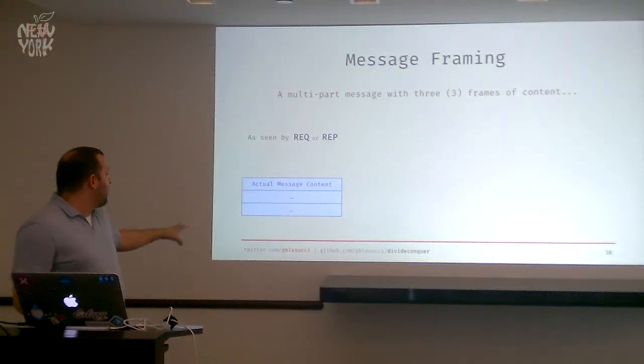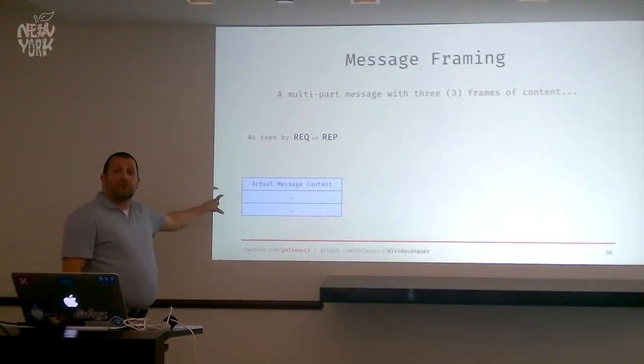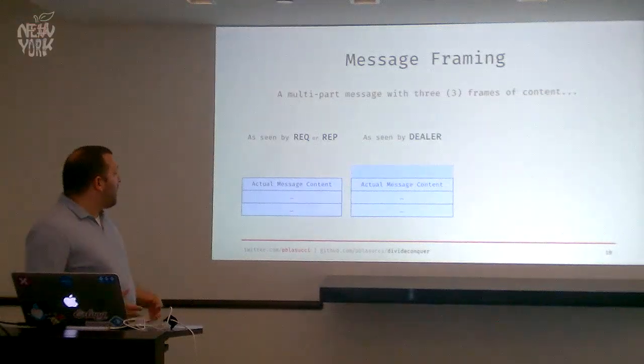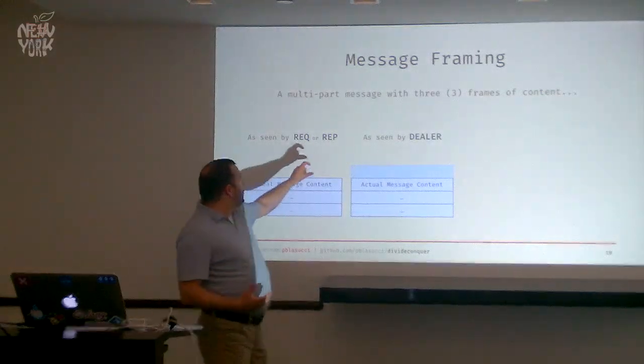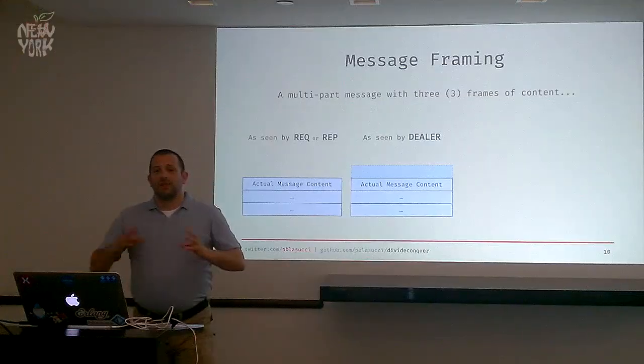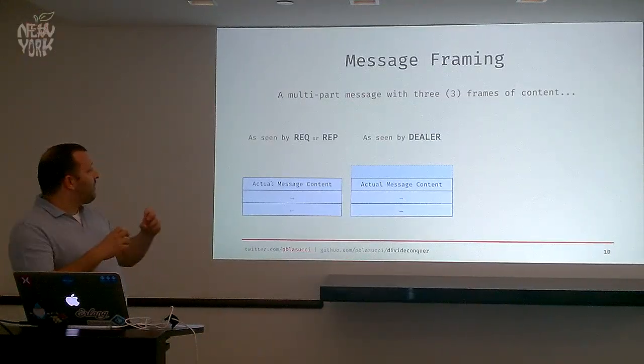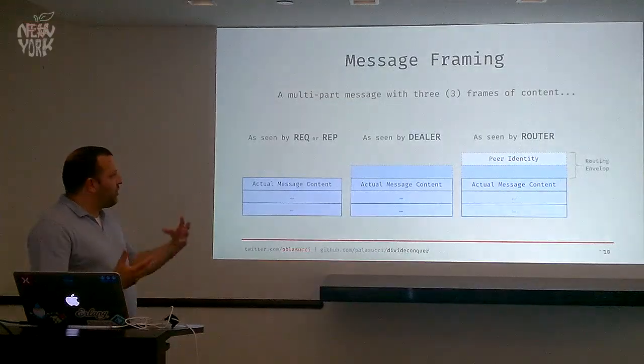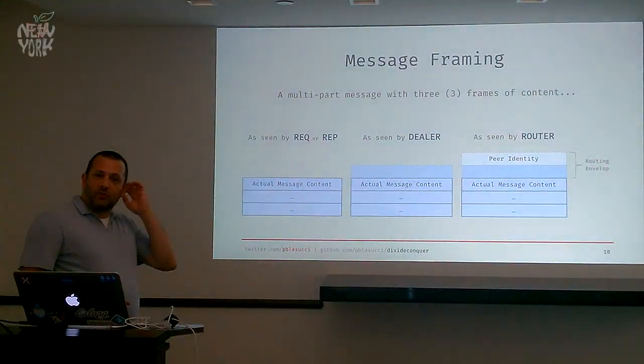A req or rep socket is just going to see those three frames, and that's it. They're just going to see the content. A dealer socket is going to have this extra prefix frame that basically says, hey, everything from here is the routing envelope. And then, of course, a router will see more information in the routing envelope.